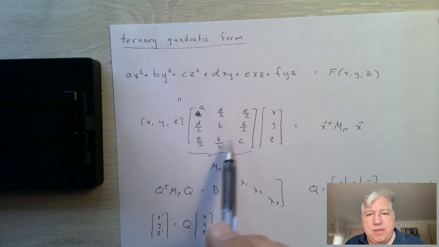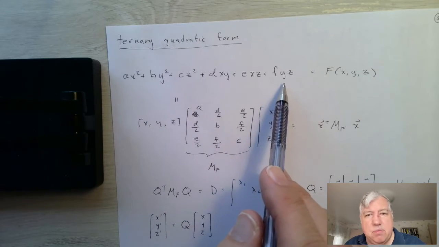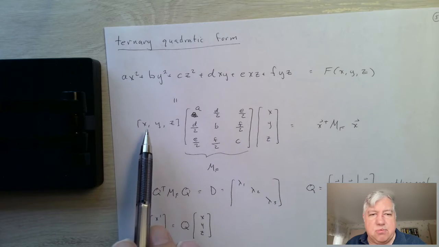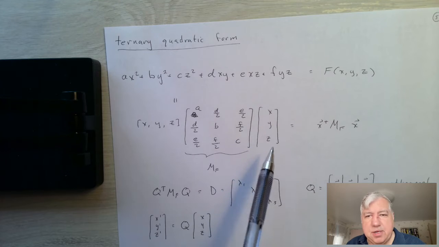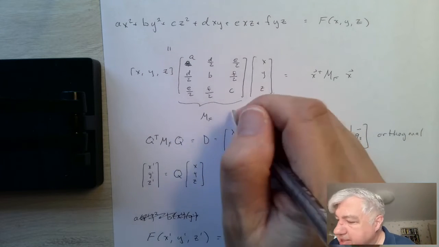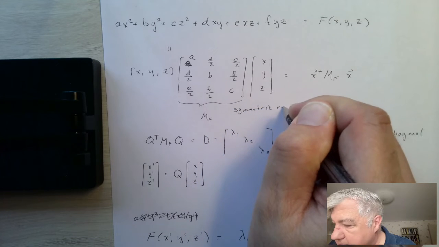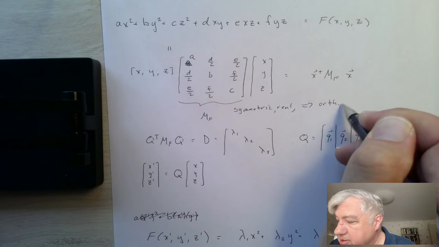So you can multiply this out, but if capital F is this polynomial, then this can be written as a product of this row vector xyz times M_F times this column vector xyz. And once again, we can see that this is symmetric and real. So it's orthogonally diagonalizable.